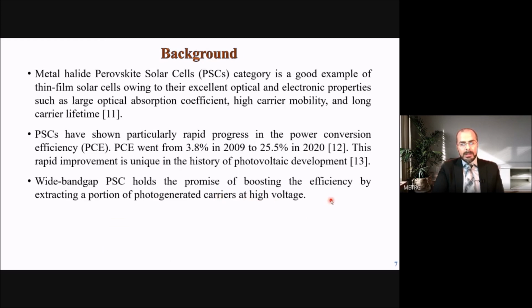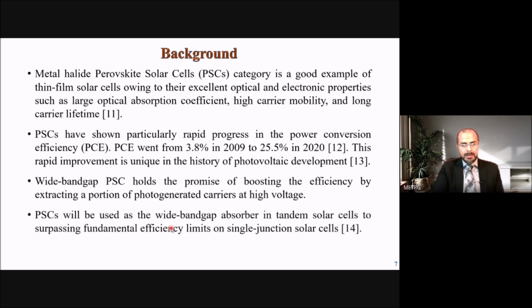Due to their wide bandgap properties, they absorb the photons that come from the sun at a specific wavelength, and transfer those photons to electrons and generate more photo-generated electrons or holes, and that adds more efficiency to the solar cells. So PSCs will be used as a wide bandgap absorber material in tandem solar cells.